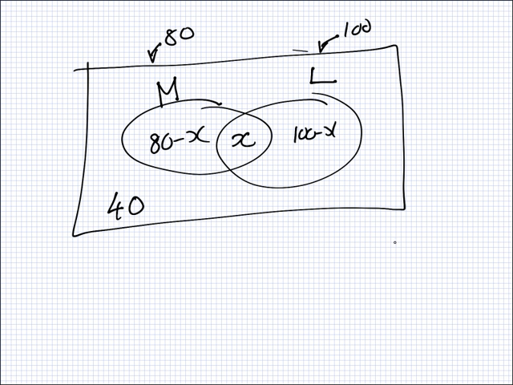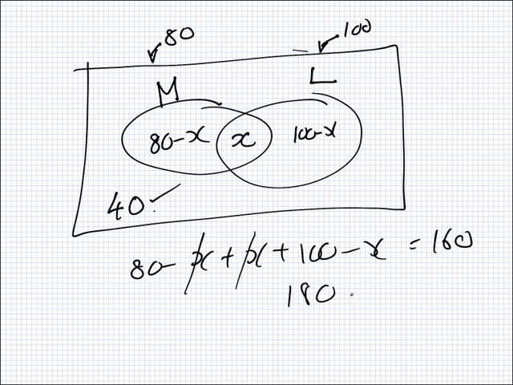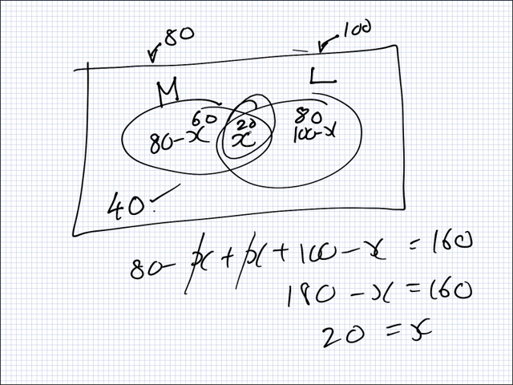You know that there's 200 in total, so these three add up to 160, because you have 40 here. So 80 minus x plus 100 minus x equals 160. You already have the 40 outside. 180 minus x equals 160. So x is 20. Then that is 20 here, 60 here, and 80 here. How many boys study a second language? 20. 20 is the answer, I hope.